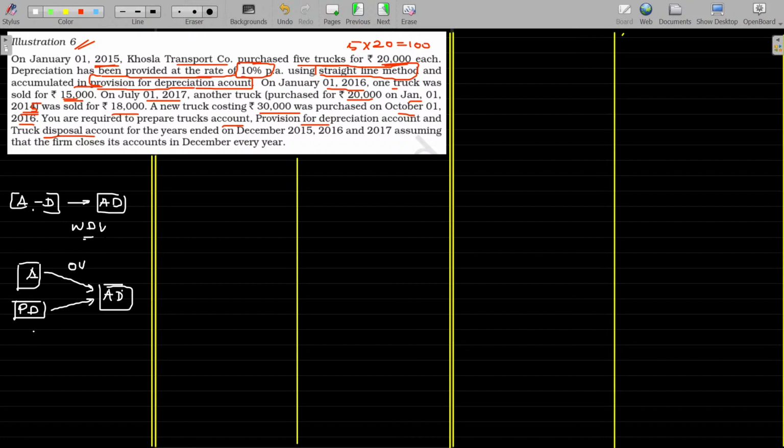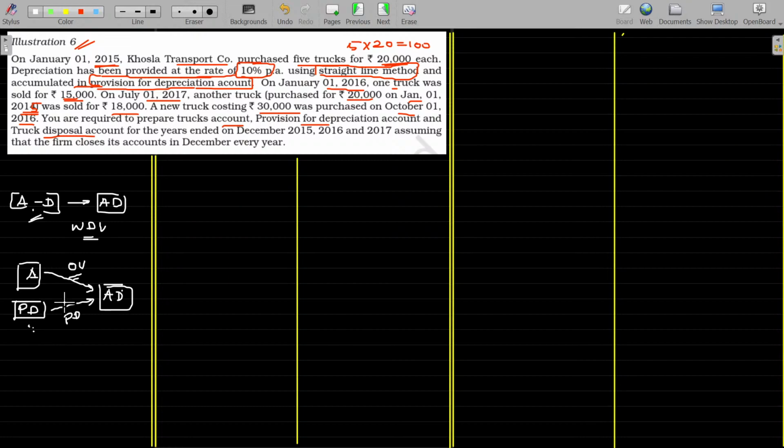In the earlier case, it is recorded at its WDV because the account shows only the WDV. In the case of provision for depreciation model, the asset appears at the original value. So the value transferable from the asset to asset disposal account is the original value. Not only that, the accumulated depreciation on the asset sold, available in the provision for depreciation, should also be transferred from PD to asset disposal account. Is that okay?